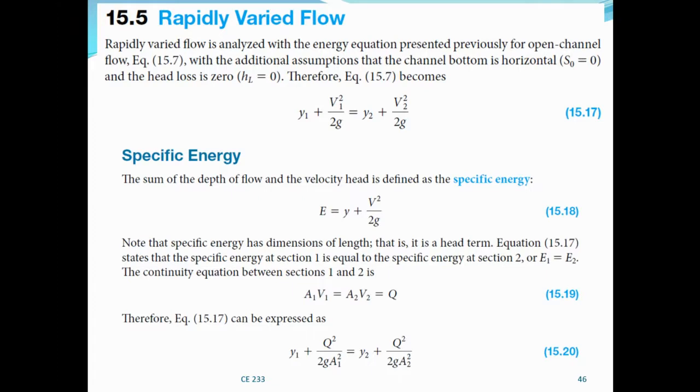If the depth of flow changes abruptly, suddenly, we call it rapidly varied flow. And rapidly varied flow is analyzed with the energy equation as well, presented previously for open channel.